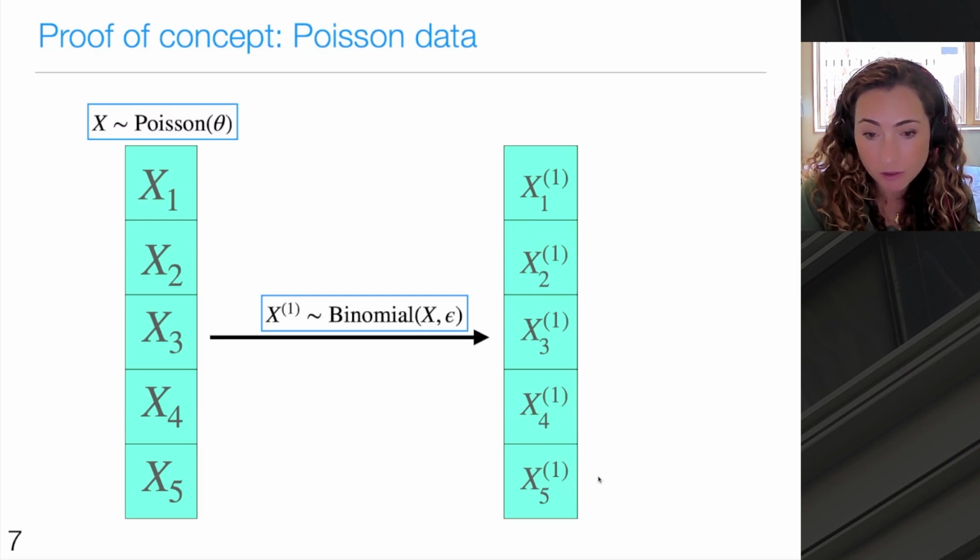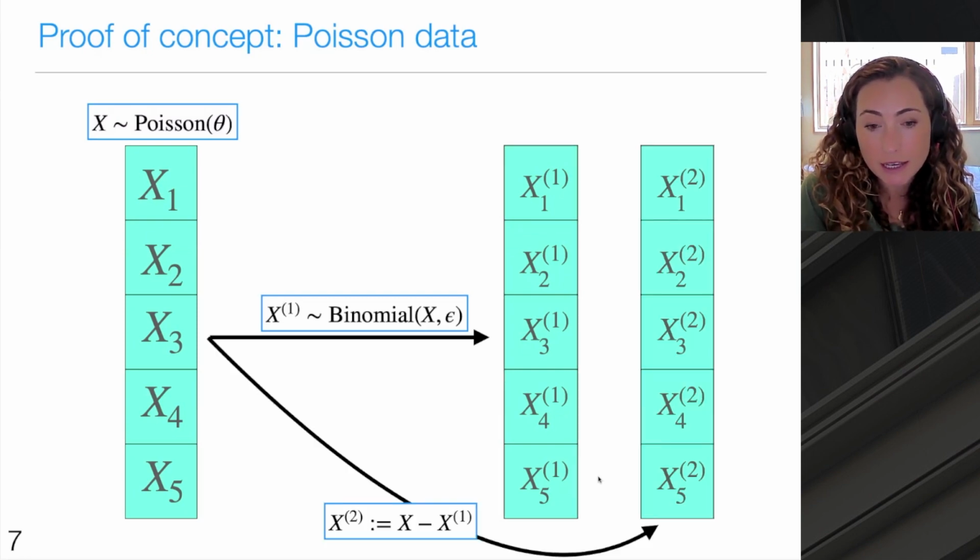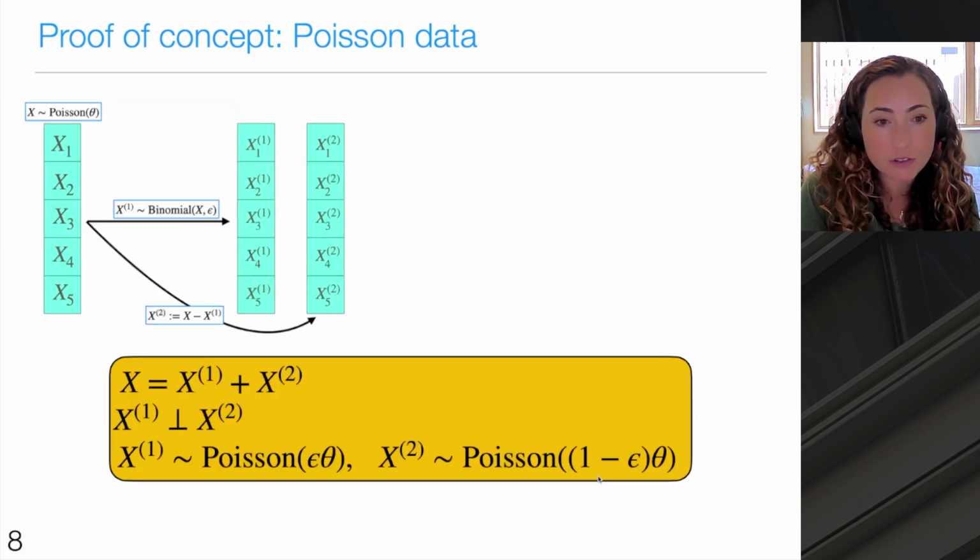We can take it to be 1/2 in this talk. And then I'm going to take x2 to be x minus x1. If this looks familiar to you, that's because this is the well-known binomial thinning of a Poisson random variable. In particular, if I do this, then I get the following properties. First of all, x is equal to x1 plus x2 just by construction. And second, x1 and x2 are independent.